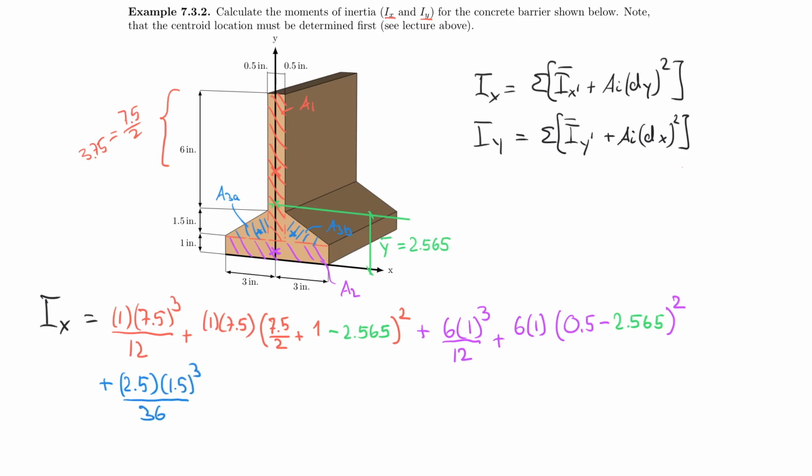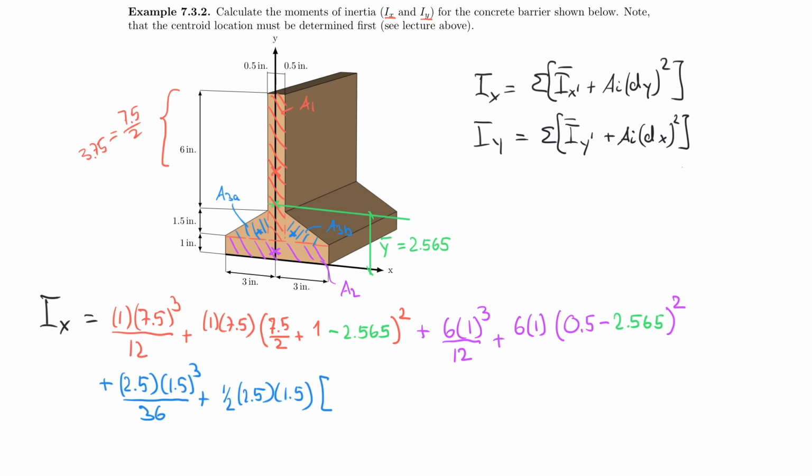This is important. This is because it's a triangle. Plus the area, which is 1/2 times 2.5 times 1.5. And now my lever arm is what? So I have to move from here down to here. So I would say 1/3 of 1.5 plus 1, and then subtract the lever arm.